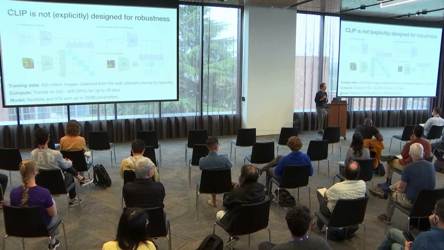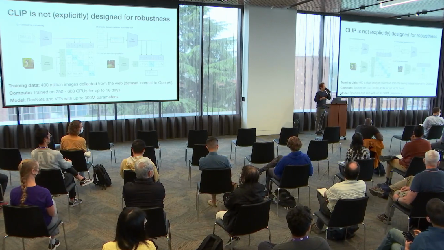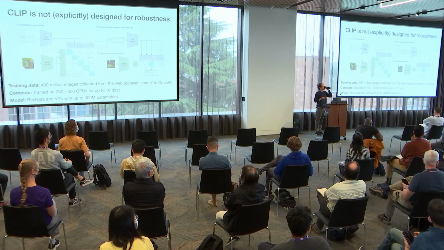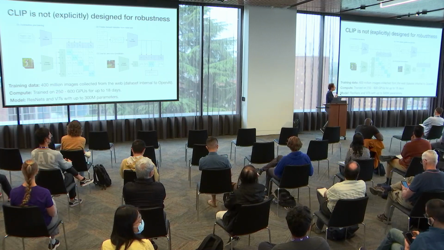Any questions about how this CLIP stuff works? Yes? So during the training of the model, there's really no real text data that goes with the images? You kind of generate them? No. There is true text data associated with the images. They didn't just harvest images off the internet.